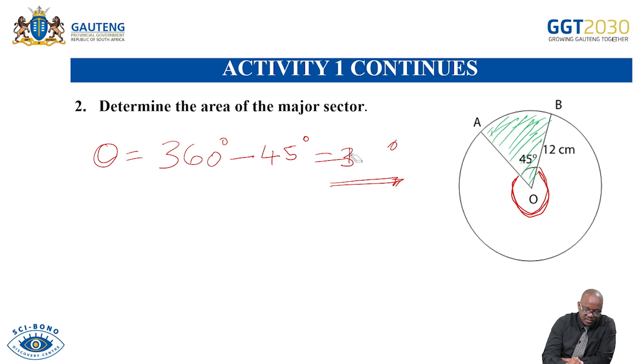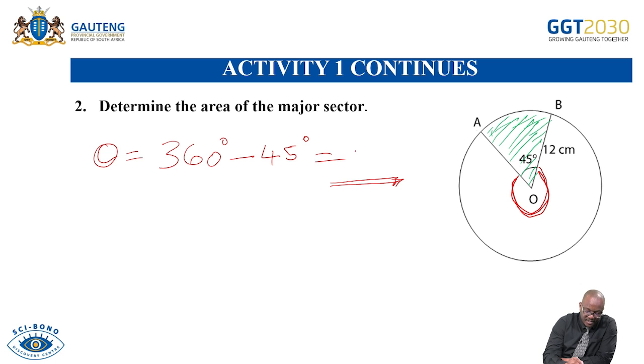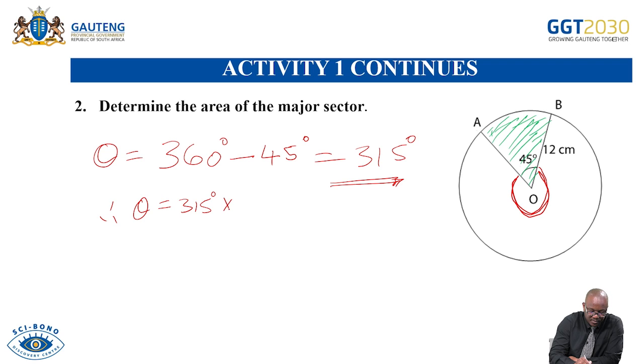We can calculate the major sector with degrees. Remember, it's going to be 315 degrees. But when we determine the area, we must convert that 315 into radians. In terms of conversion, you multiply 315 by pi over 180 degrees.